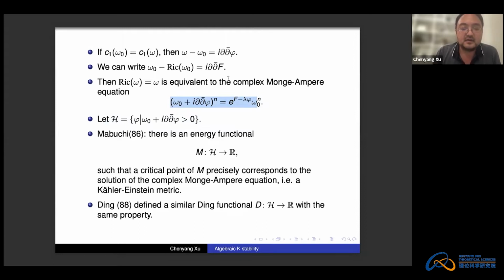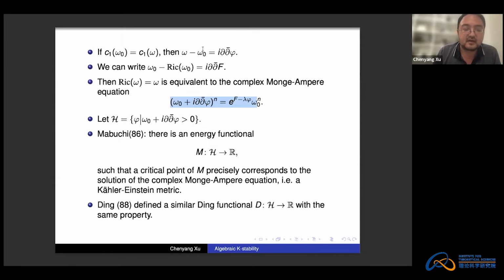And you know, when you want to solve a PDE, one typical way is to write some functional such that the solution will be a critical point of this functional. I mean, this is a very typical way of solving PDE. Here we do the same.